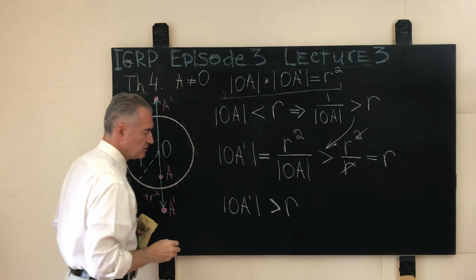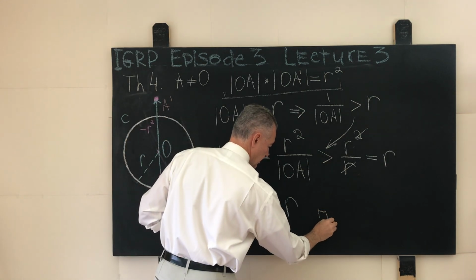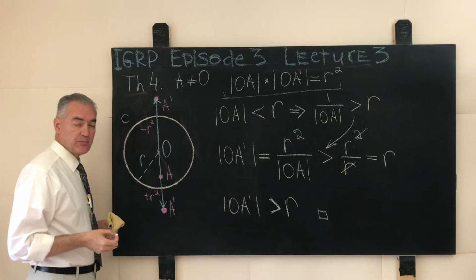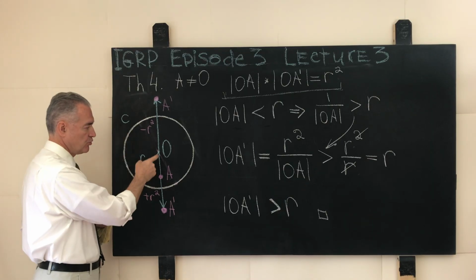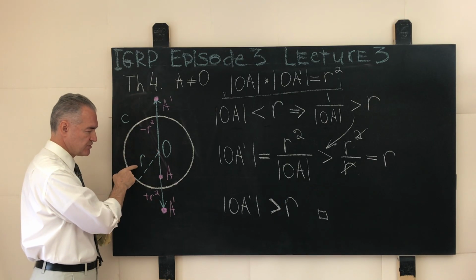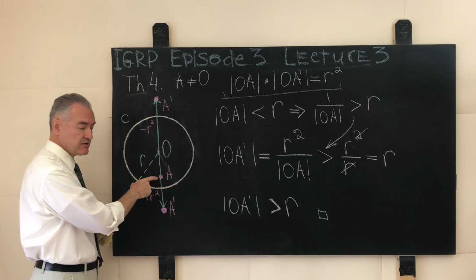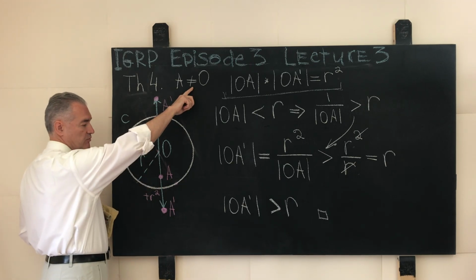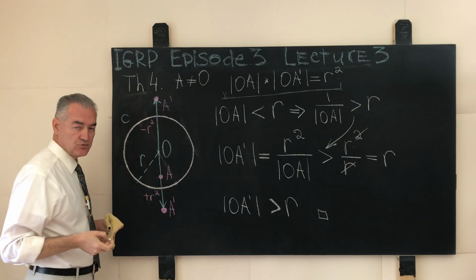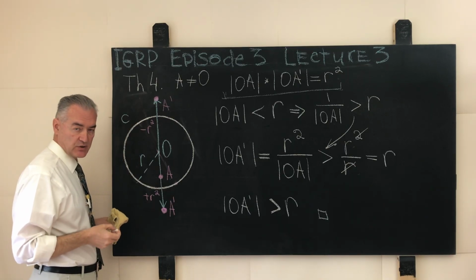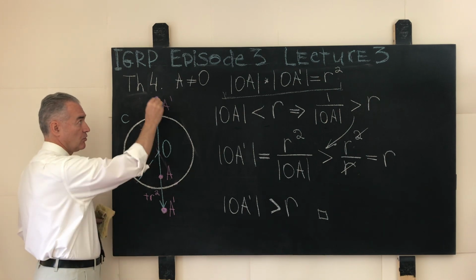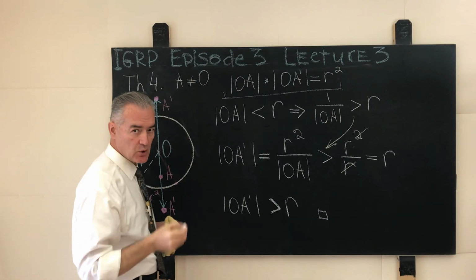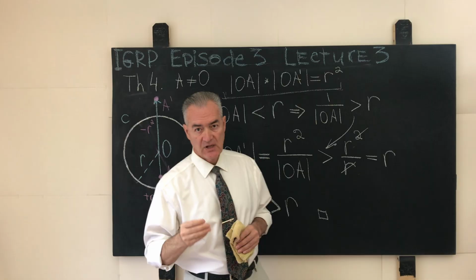And that concludes the proof of this theorem, which states that under the inversion of a plane with respect to a circle C that has the point O as its center and R as its radius, any point A that is located strictly inside of the circle of inversion and is distinct from the center of inversion is taken in the parent plane into a position that is located strictly outside of the circle of inversion, again, regardless of the type of the power of inversion, positive or negative.